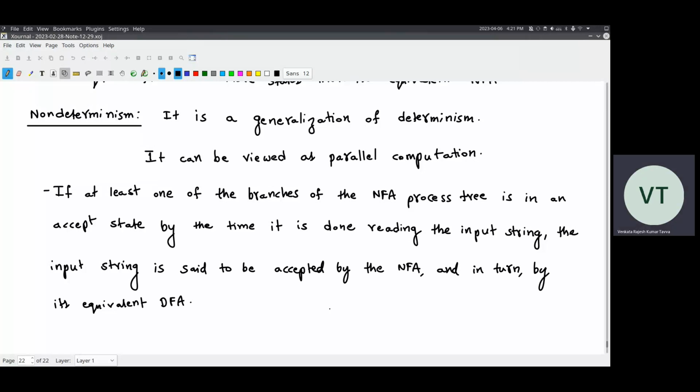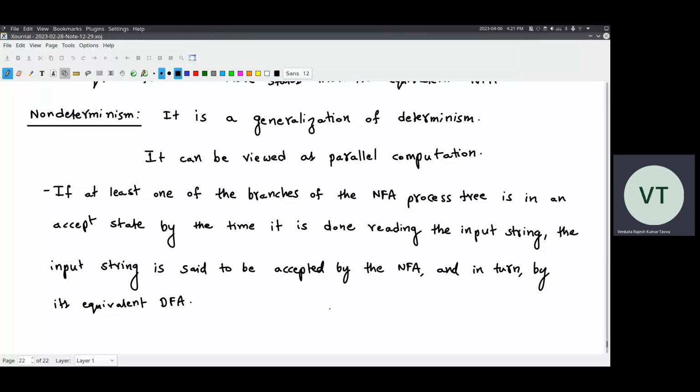So again, like I said, you are given an input string and you are reading one symbol at a time. In a particular state, when you read a particular symbol, you can take more than one branch. So you will simulate all these branches. Some of these branches will go till the end. Some will be discarded in between because you are stuck: you don't have the transition for that particular symbol on that particular state.